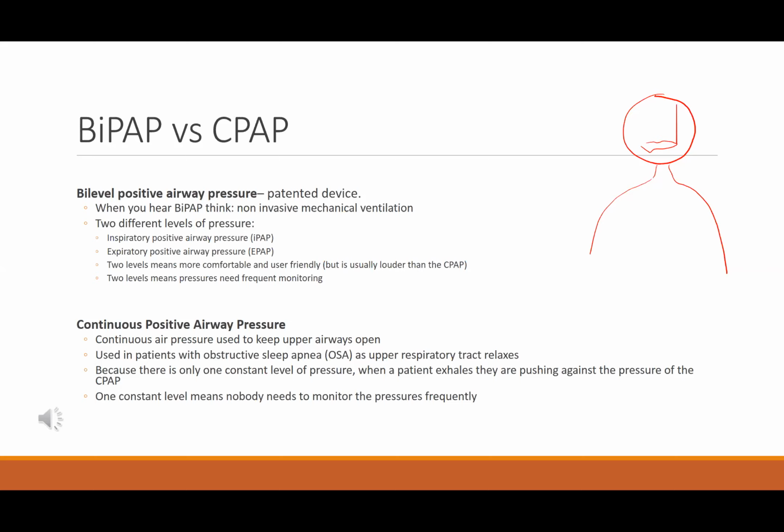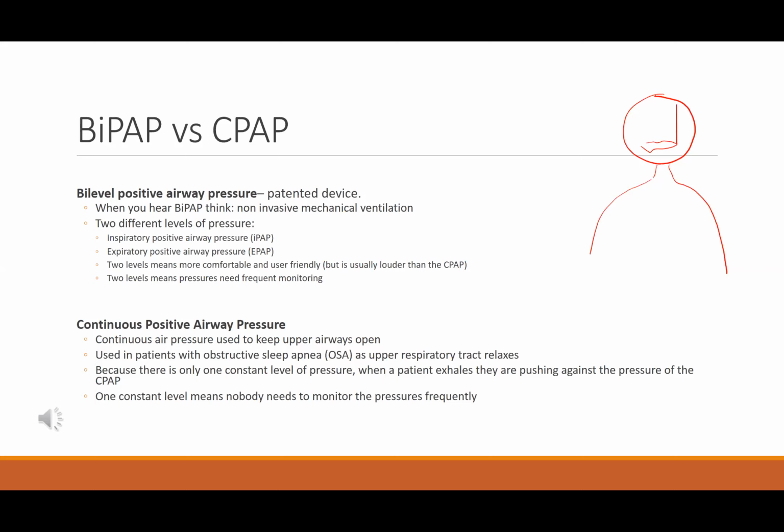These patients may be on the exact same piece of equipment that we use on individuals who have an endotracheal tube, but it's just non-invasive. The reason it's called bi-level positive airway pressure is there are two different levels of pressure: one when I inhale and one when I exhale.